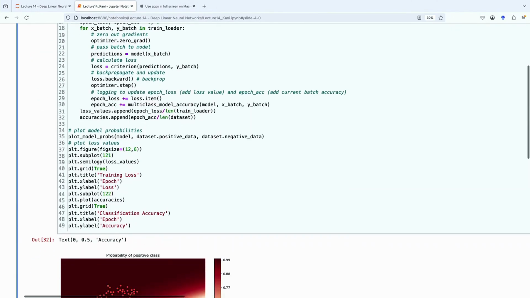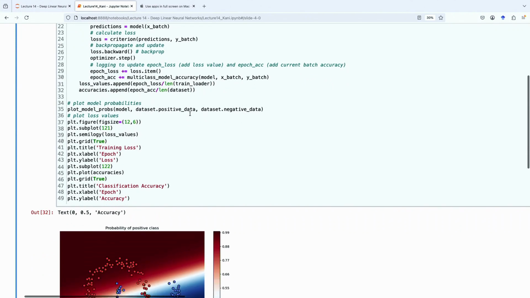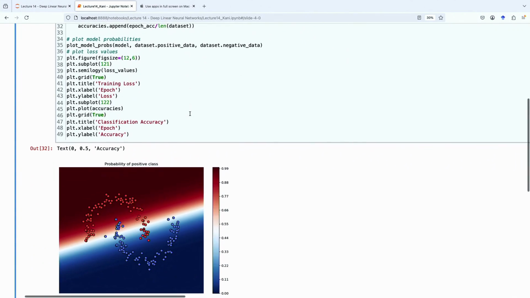And specifically, let's look at the actual function. Let's look at the actual model class.